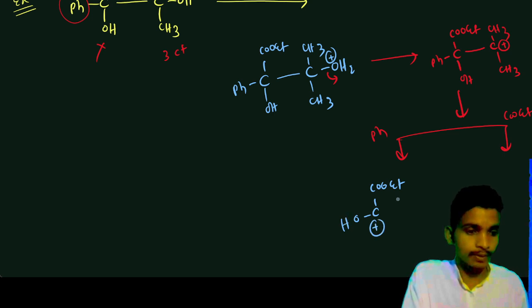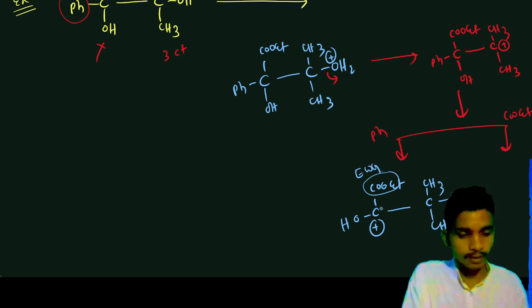Let's say this is the positive charge, and here CH3, and this is phenyl, and this is CH3. So in this case this carbon is less stable because COOEt, the electron withdrawing group, is there, so this is going to be less stable. Although this is there, the electron withdrawing group is there, so this is less stable.